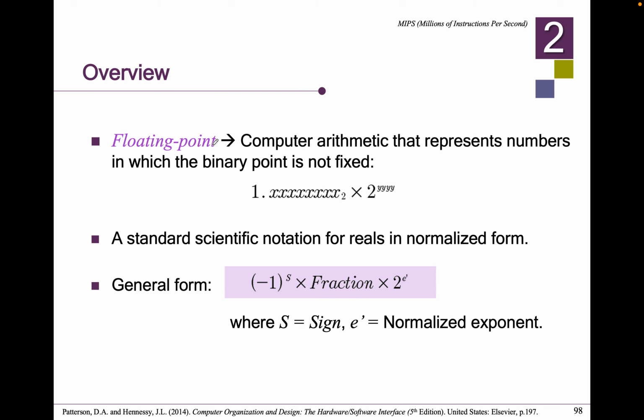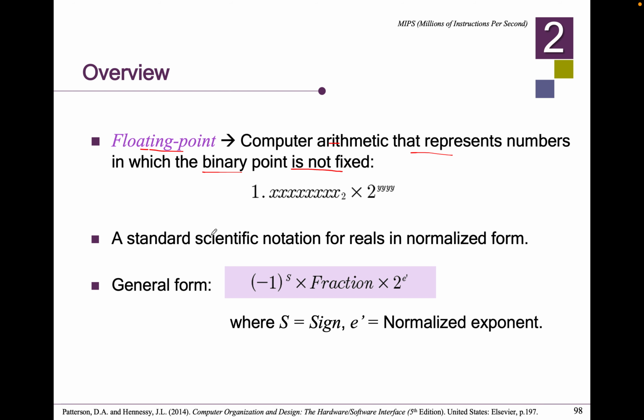Now, before we go deeper into single precision and double precision, let's take a look into floating point, which we're going to apply later in our IEEE 754. Floating point is computer arithmetic that represents numbers in which the binary point is not fixed.